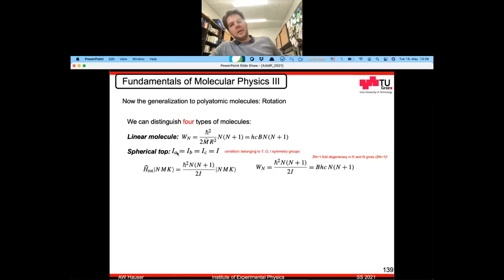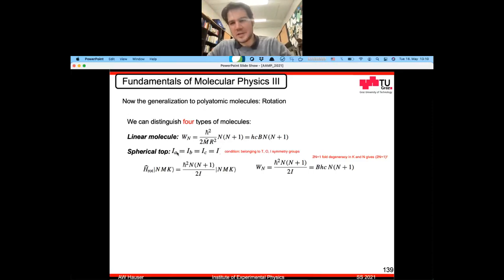So the most obvious structure that fulfills this shape is, of course, the sphere itself, right? It doesn't matter how we place our angular momentum in space with respect to some position in the sphere.